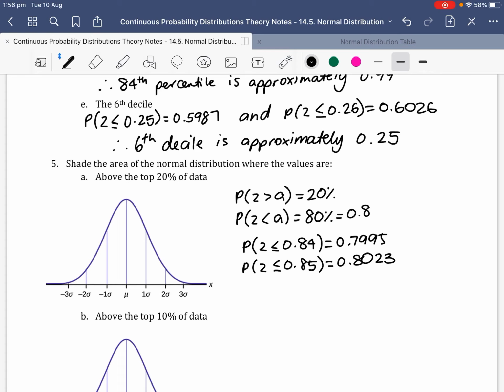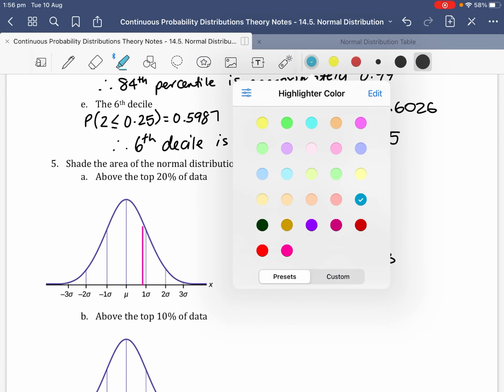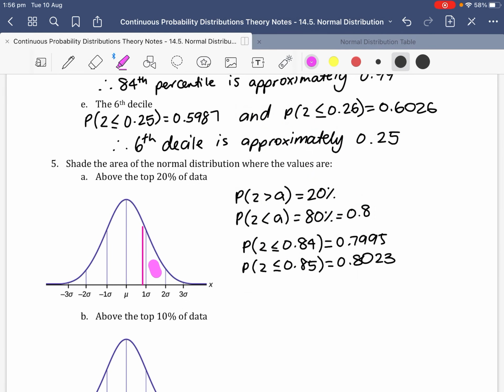So we're going to draw it at 0.84. We need our line at 0.84, and we want to colour in the space above. So the space above it is this space here, is what we want to shade.